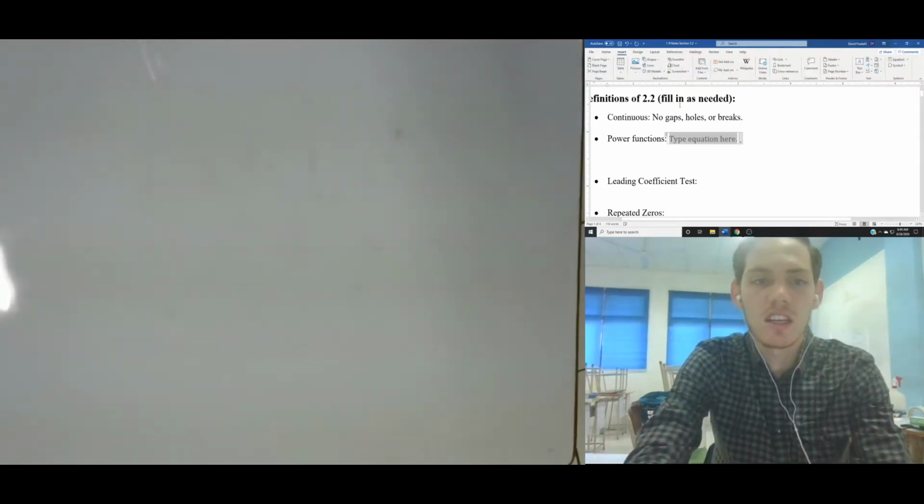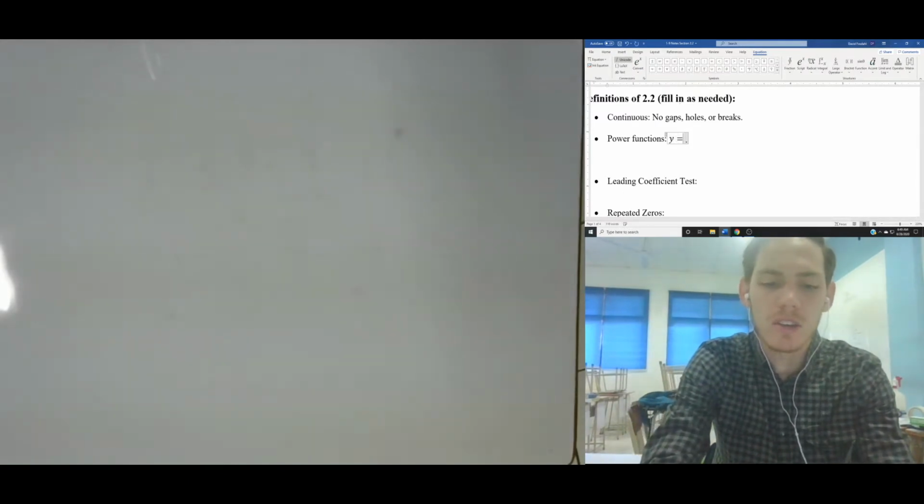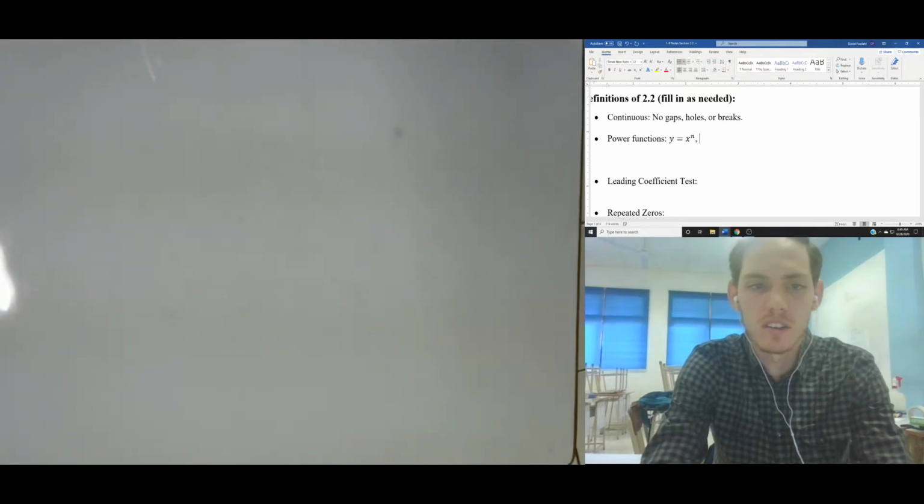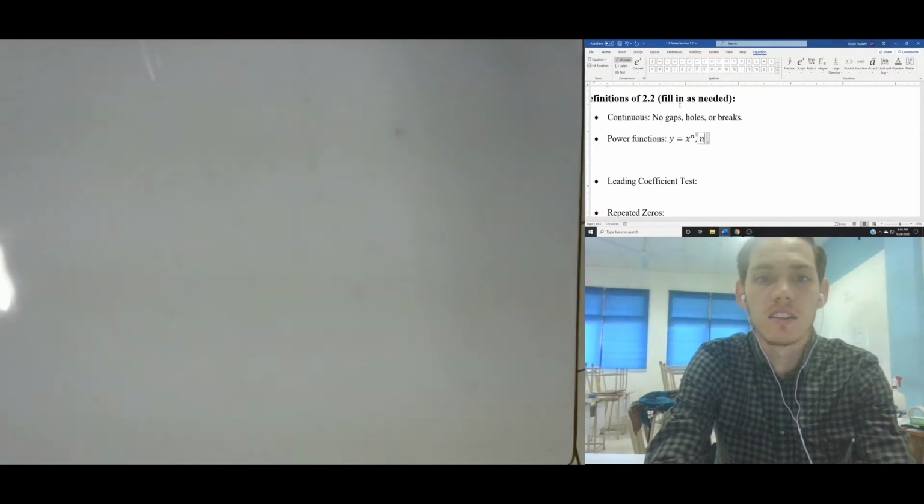Power functions is any function with y equals x to the n, where n is a positive integer.